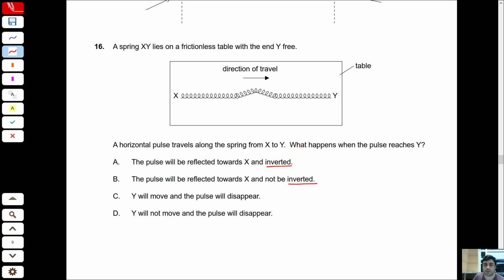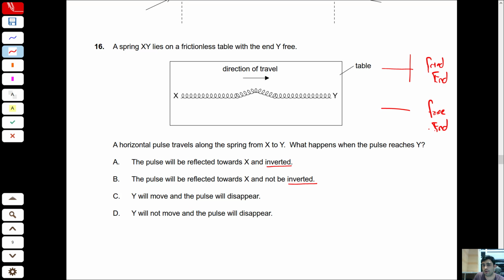So the concept here is, you have only two cases, right? We have a fixed end wall and a free end. Free end means the rope is not attached to anything.